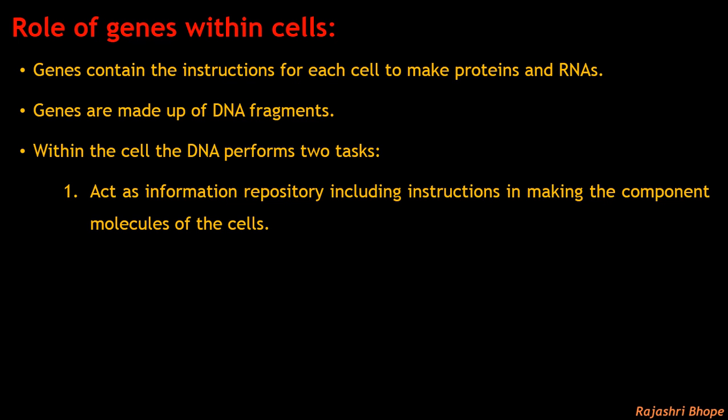The one, it acts as an information repository, including instructions for making the component molecules of the cells, and it passes this information to the next generation. For example, it is like a bank. It stores your money and it transfers it to whatever person you want to transfer.